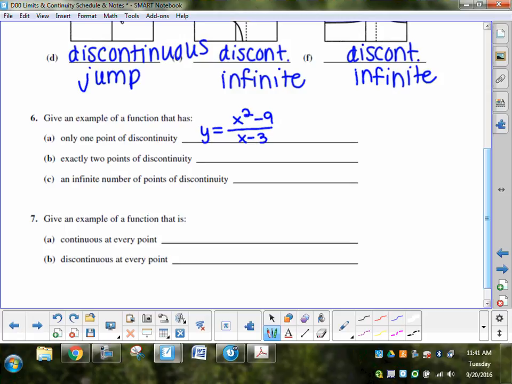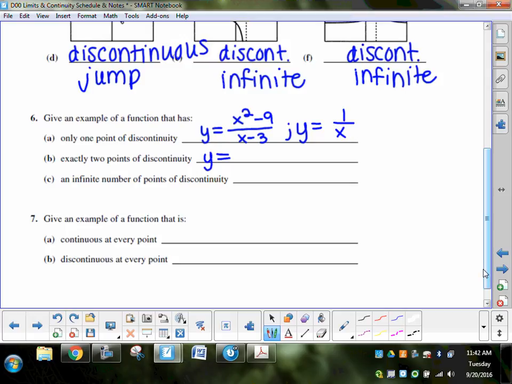Does anybody have a different one? Exactly 2 points of discontinuity. What's that going to look like? I said x plus 18 over the absolute value of x minus 1.